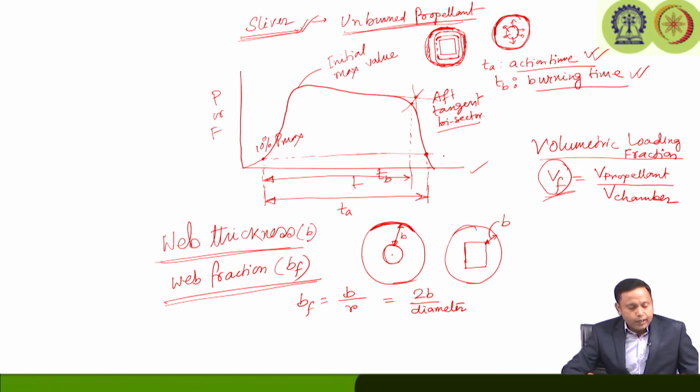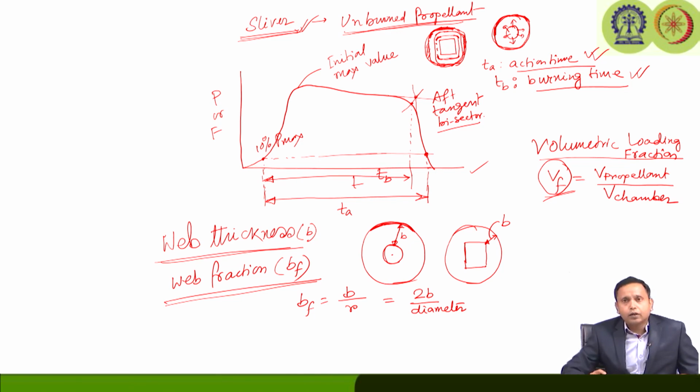Generally, the propellant is chosen or selected on the basis of its characteristics, for example, characteristic velocity, the mechanical properties or strength of the propellant, and the ballistic property like burning rate.